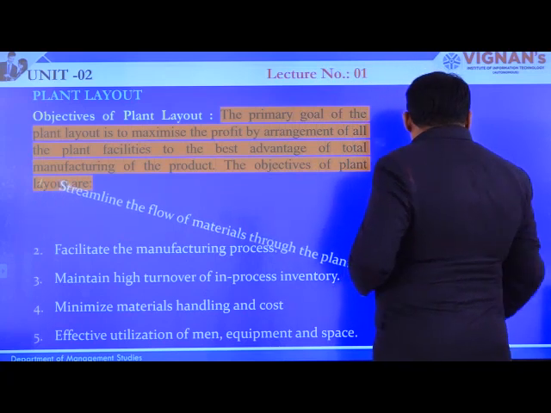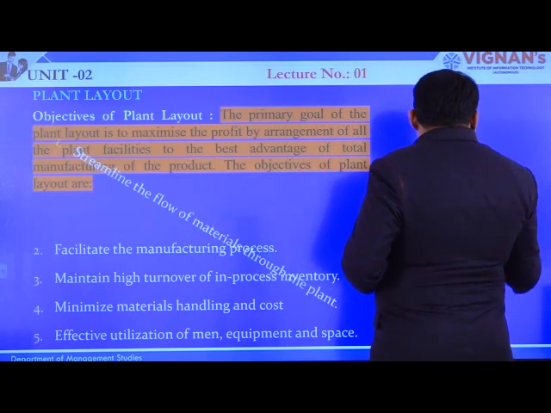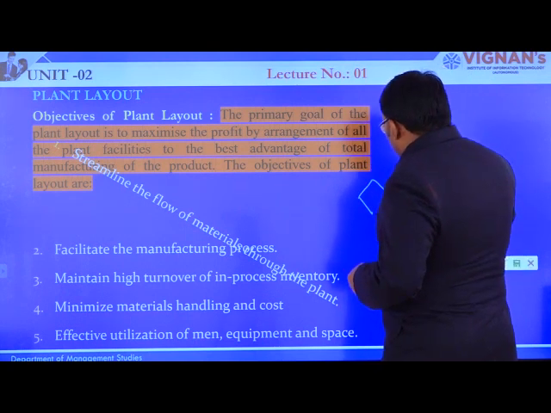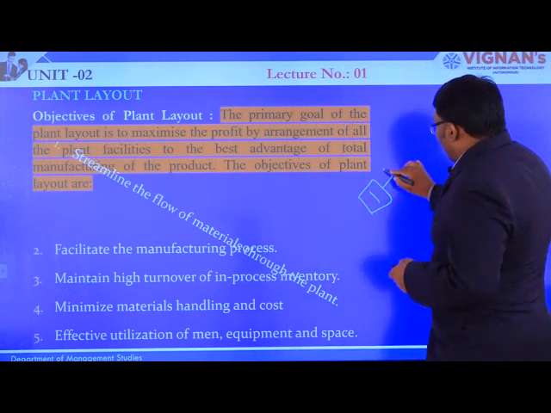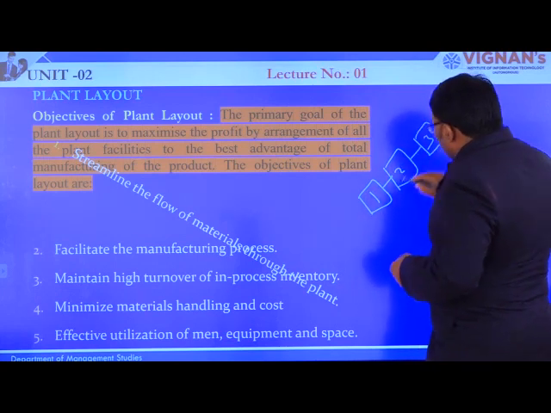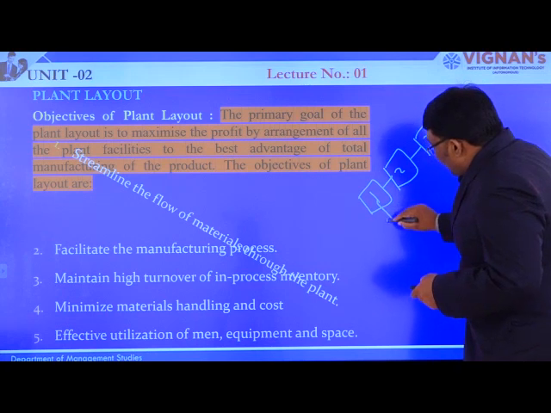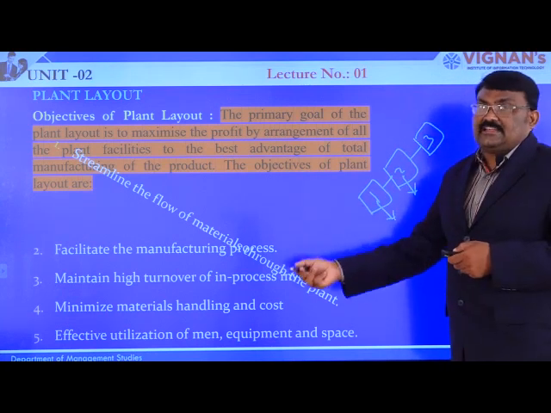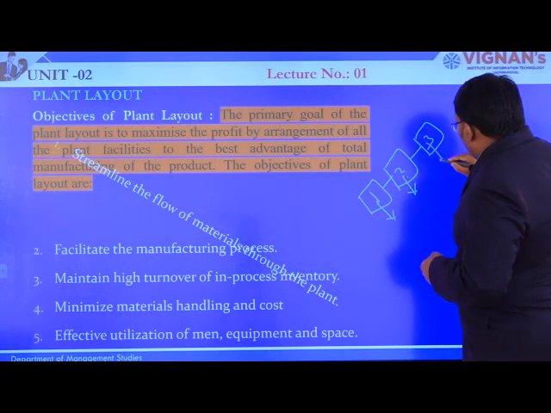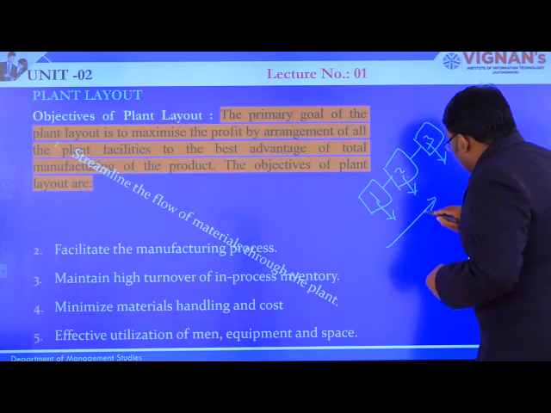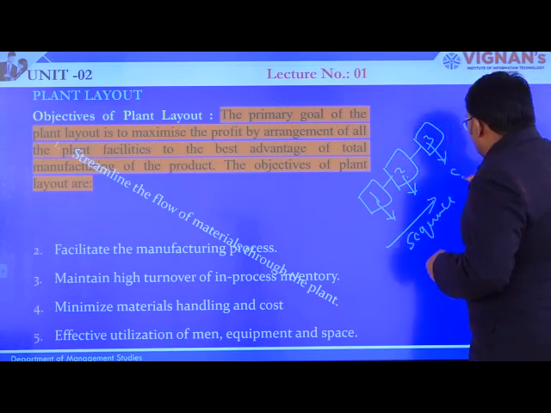For example, if this is area 1, this is 2 and this is 3, I decide what activity should happen here, what the second activity should happen here, and what the third activity should happen here. Now, that sequencing is what is called streamline.